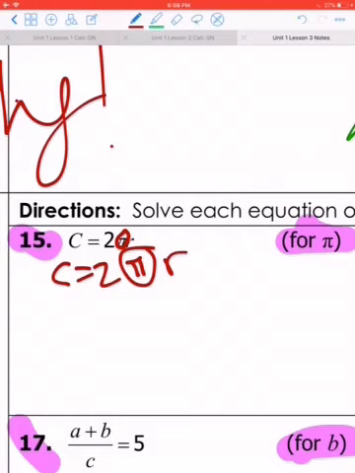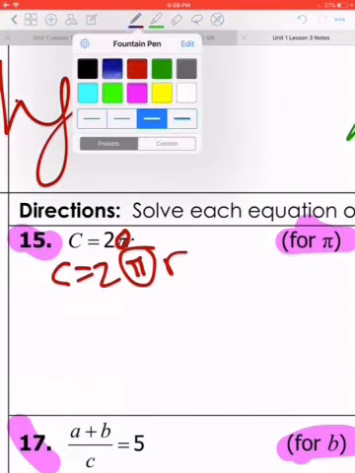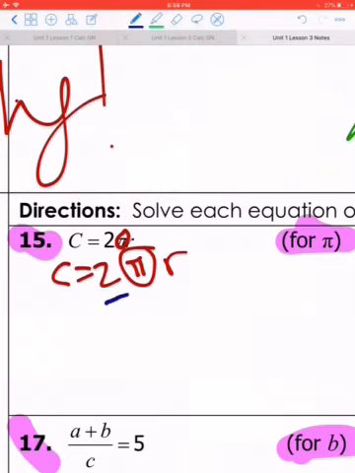Keeping pi on one side, alright, so what do I have to do to get pi by itself? I've got to get rid of the 2 and the r, right? I didn't give you a hint there, but I got to get rid of the 2 and the r. Those are all multiplication between the 2, the pi, and the r. So to get rid of the times, we have to divide them, okay?